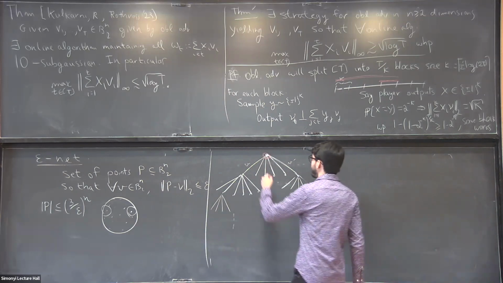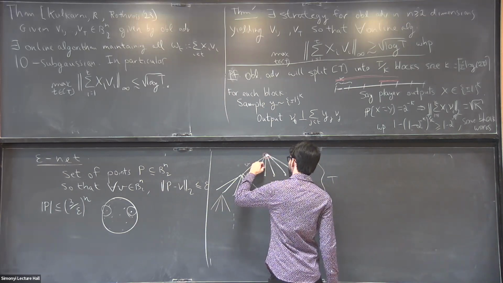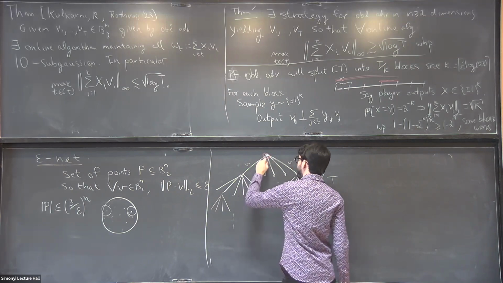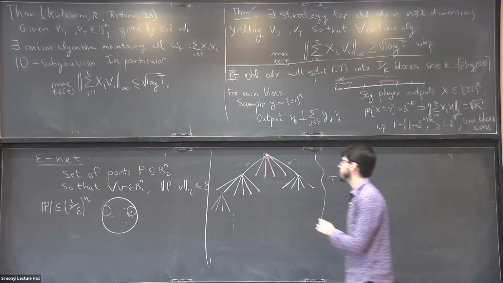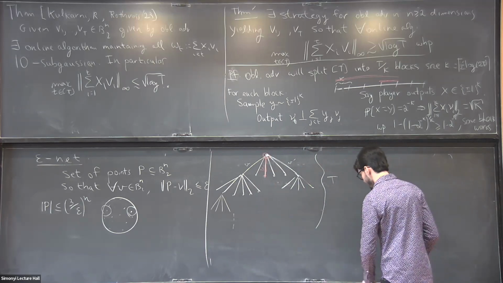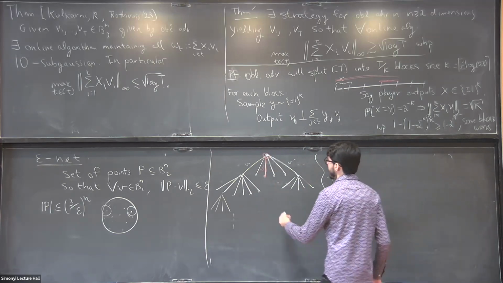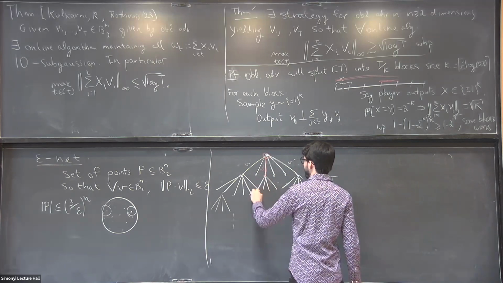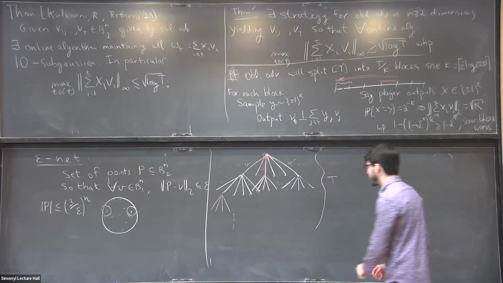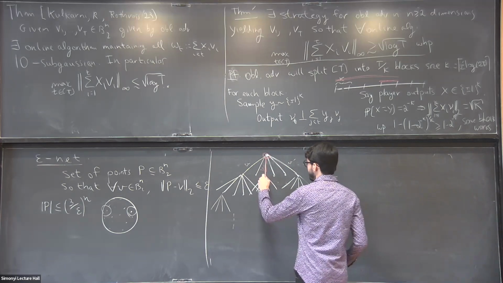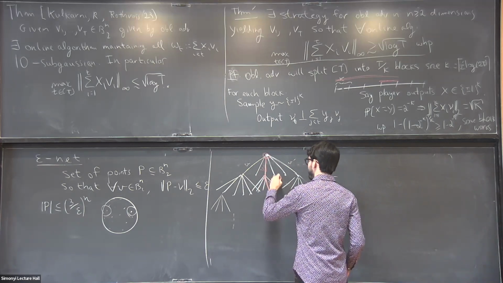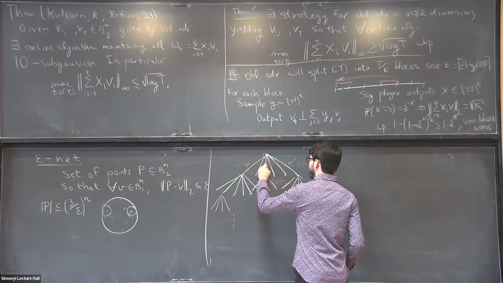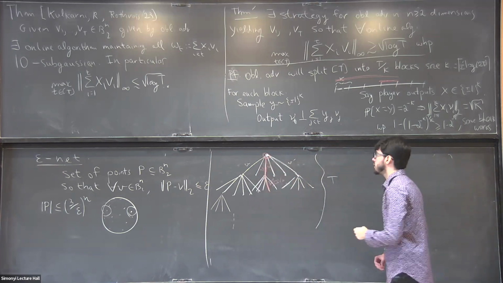So maybe I have a v1 and there's a v1 prime here that is actually close to v1 within epsilon. So I move there, and then this vector will have another epsilon net down here. Maybe I see v2 and I pick something that's close to v2, and so on.